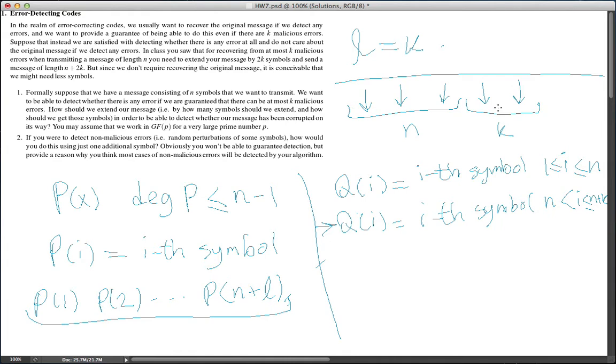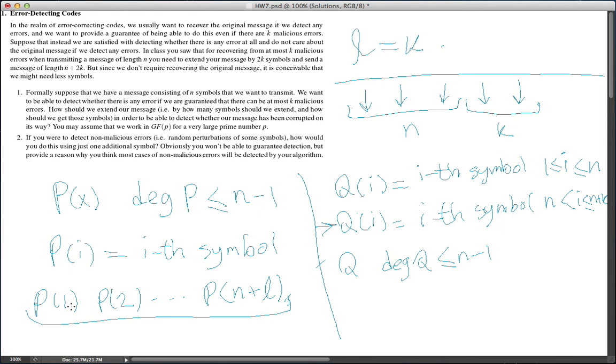Now, this is the thing that I'm saying. If our algorithm by mistake says that no error has occurred, then this polynomial q is going to be passing through all of the points, and we know that the degree of q is at most n minus 1, right? So we have found a polynomial of degree at most n minus 1, which passes through all of the points, including the non-corrupted points that I'm referring to with my arrows, right?